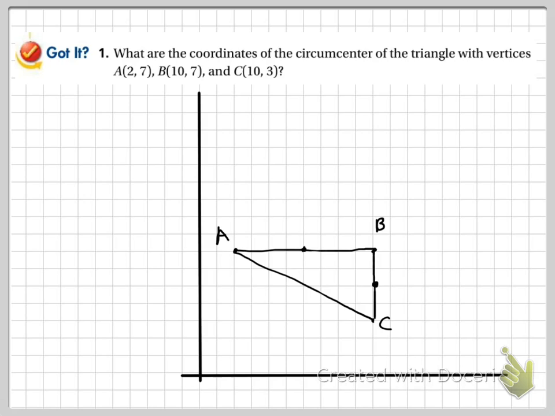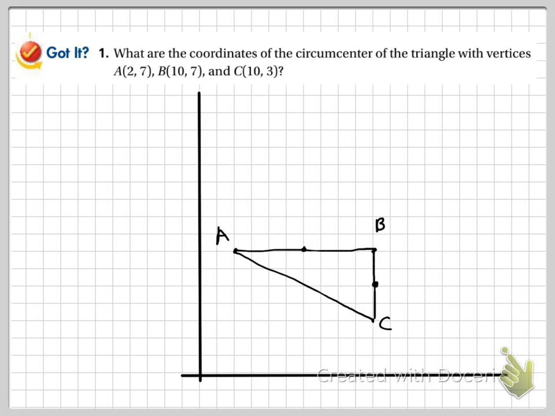We know perpendicular bisectors are always going to meet up together, right? They're always going to be concurrent. So do I need to do all three of them? No. I only have to do 2 of them because I know they're always going to meet up. It's not like one of these times I'm going to draw 3 and, shoot, they don't meet up. They're always going to meet up at the same point. So I only need 2 lines to show me where they're going to meet up.